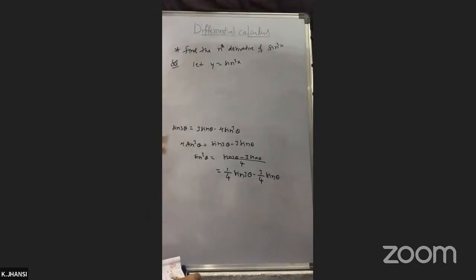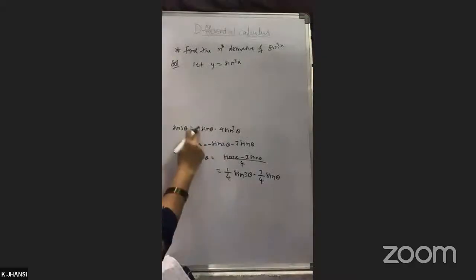To solve such a problem, you can do it by two methods. From this we got the same, no? Here you get a minus sign: minus sine 3 theta, and this is plus.